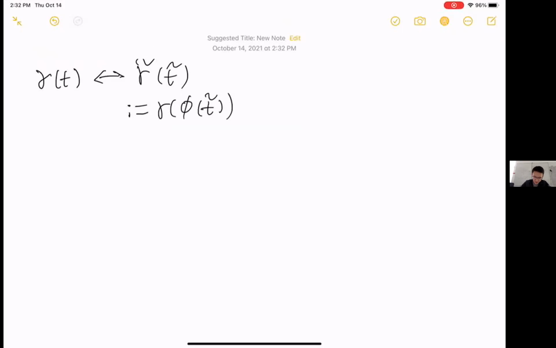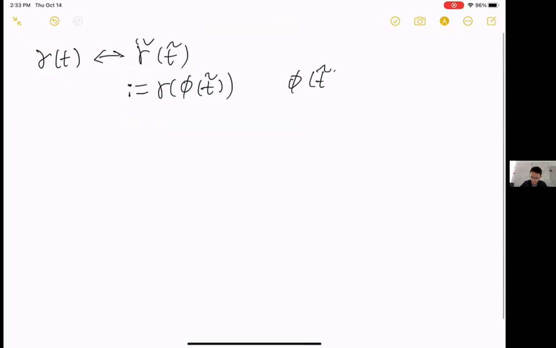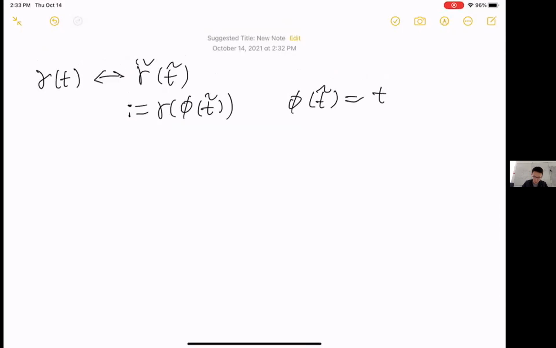By definition, if we apply this map of different parameters, phi takes t tilde and gives us t. So when we put t back into the function, this is also another parameterization of our curve.